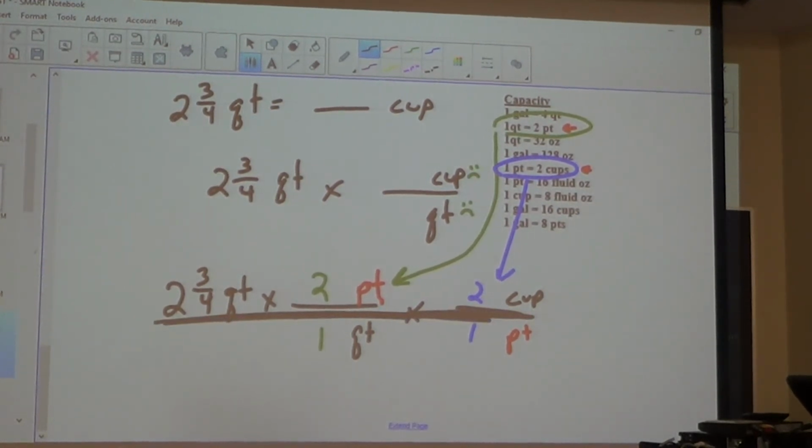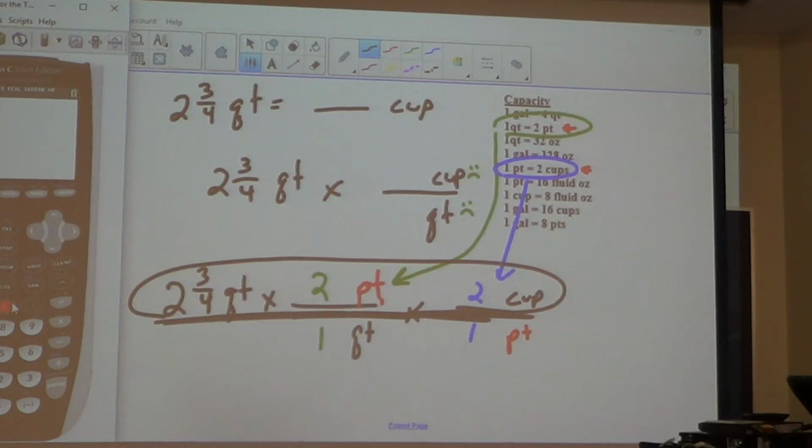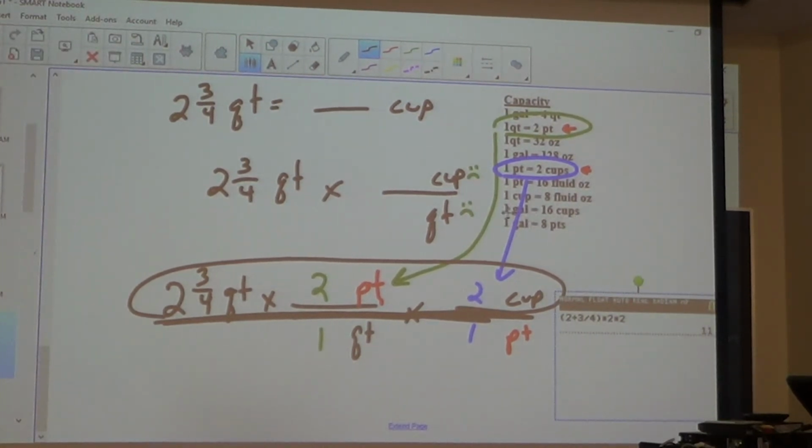Multiply. I'm going to multiply because they're all in the top. That wasn't bad. If you cannot find what you're looking for, you've got to use 2 conversions.